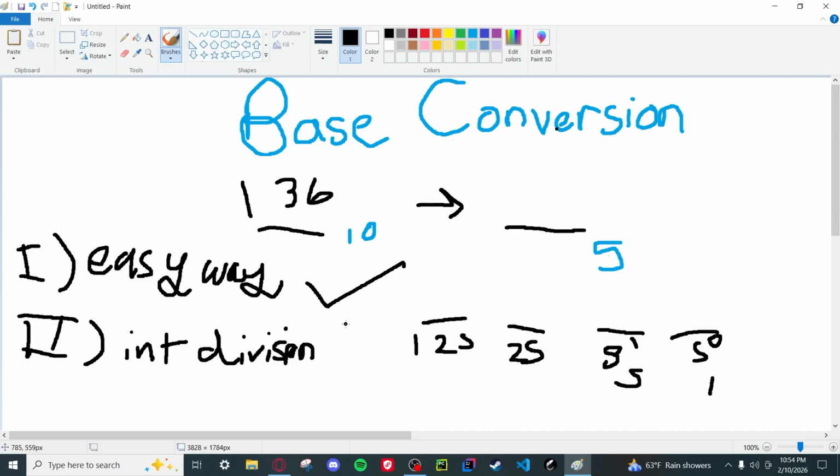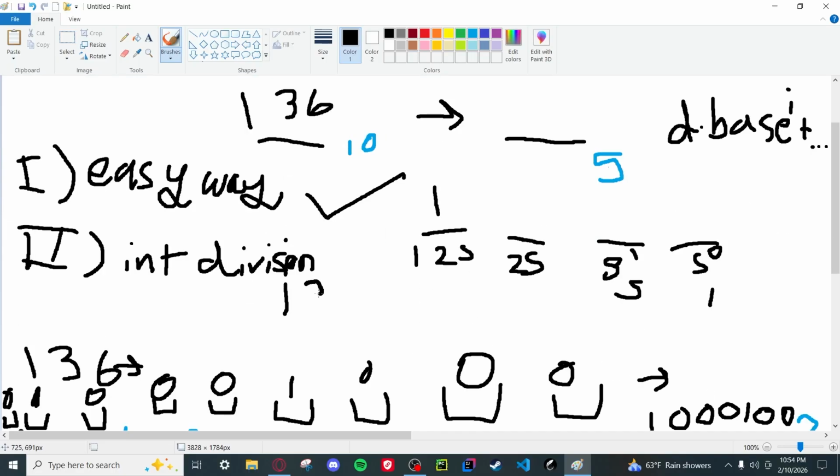One more would be too big. Okay, can we fit 125? If I place the 1 here, would we get too big of a number? No, we wouldn't. So 136 minus 125 is 11.